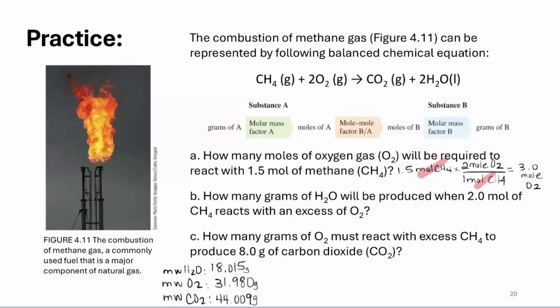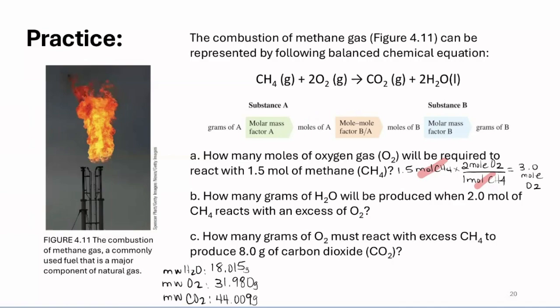Let's look at the next practice problem. It states, how many grams of water will be produced when 2.0 moles of CH4 react with excess O2? In this question in particular, we are starting with moles of a substance, which in this case is going to be moles of A. The question is asking grams of another substance.